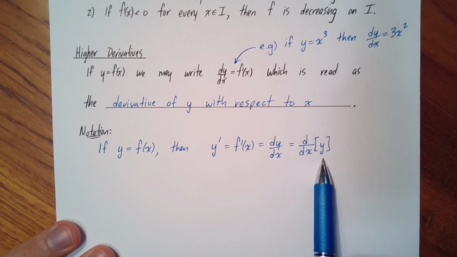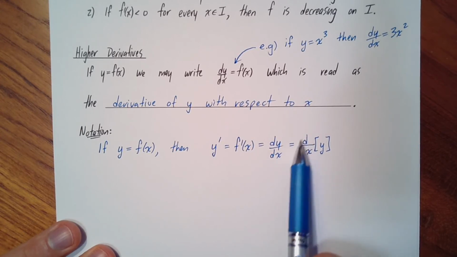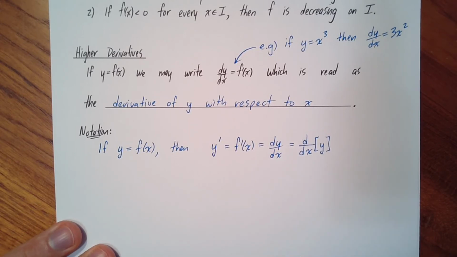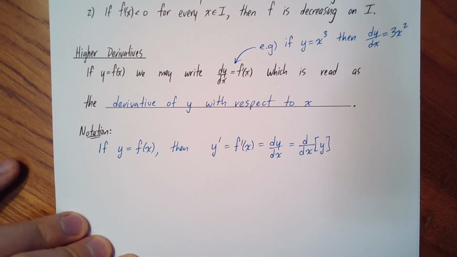This is called operator notation, because you're really describing, take the derivative with respect to x. You're breaking that part off as just the operation that you're doing, and then you put the function inside square brackets. Although you don't really have to use square brackets, but I typically will. I usually see square brackets used with this notation, but I don't think that's strictly necessary, but I always use it.